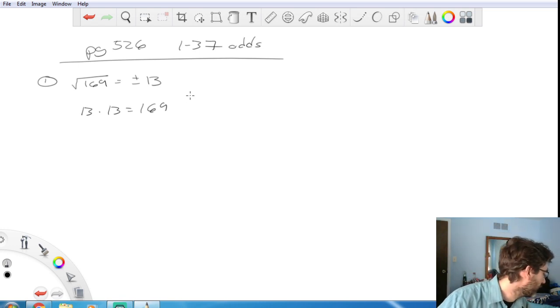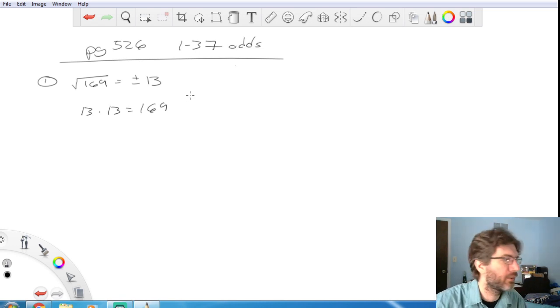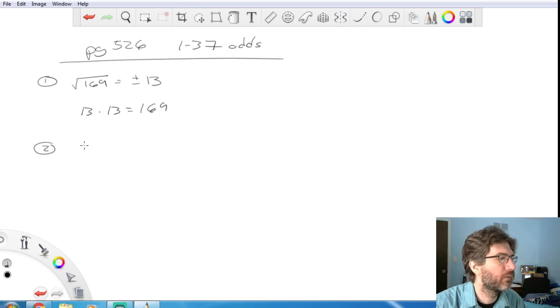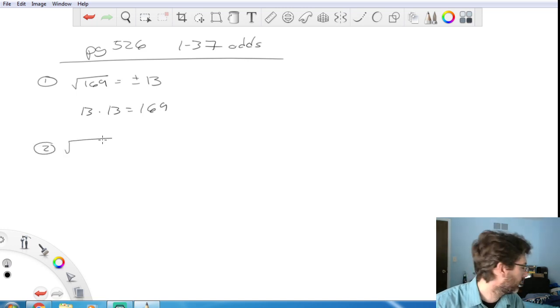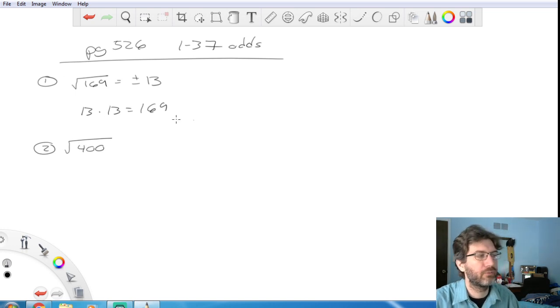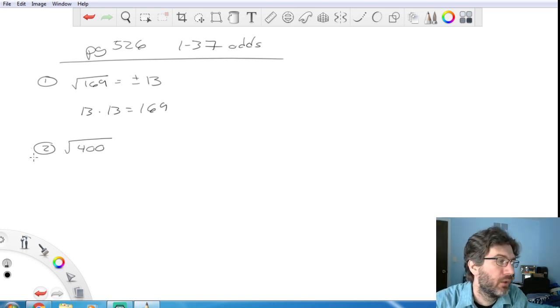Some of them you might get to and you're not sure, like number 2 says square root of 400. You don't have to do number 2, but just for the sake of seeing it, square root of 400, you can separate that out, and we will get into this later on, but this does equal the square root of 4 times the square root of 100.